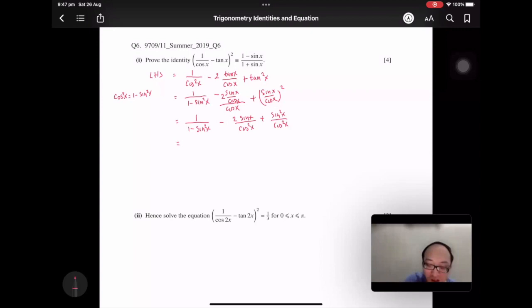So we can see that the last two terms contain the cos square x, so we have to change again. Minus 2 sin x over 1 minus sin square x plus sin square x over 1 minus sin square x.